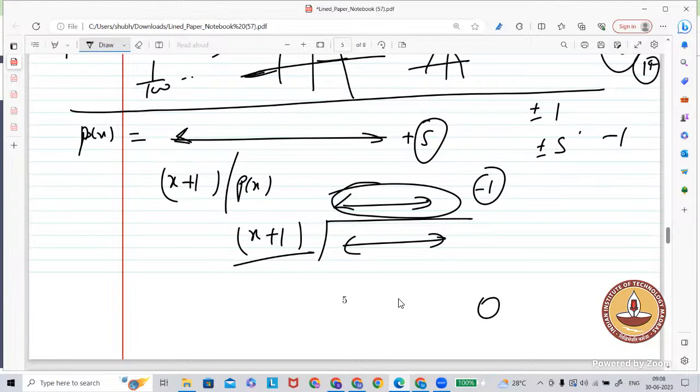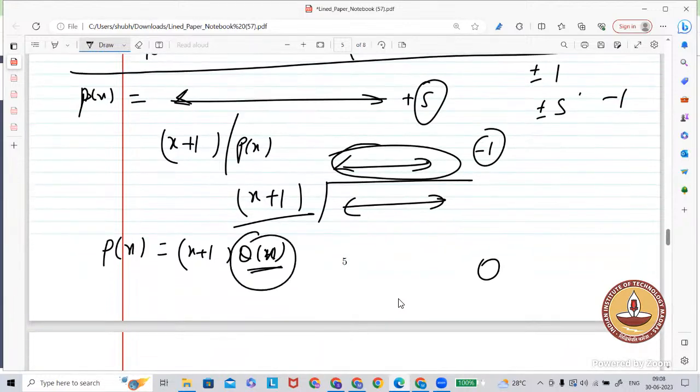Factorize the quotient again, using the hit and trial method. So that polynomial can now be written as x plus 1 times the quotient. Again do the same, try hit and trial, or if it is a 2-degree polynomial, then we can easily do it. If it is more than that, then hit and trial: again take the last term and do that.